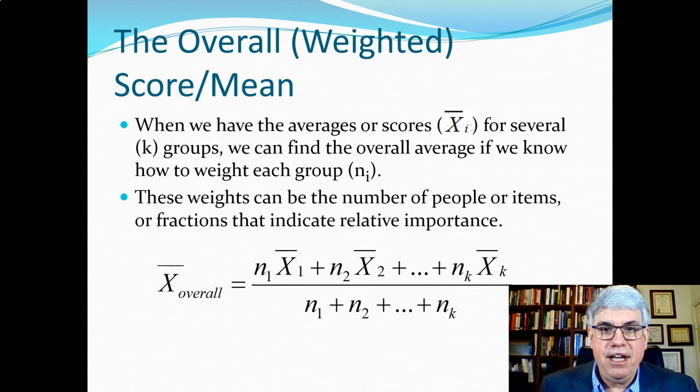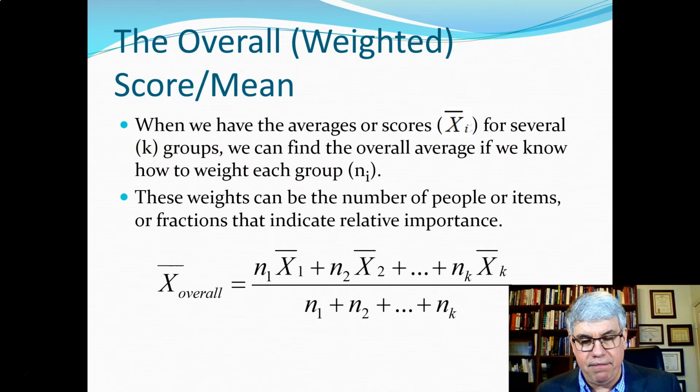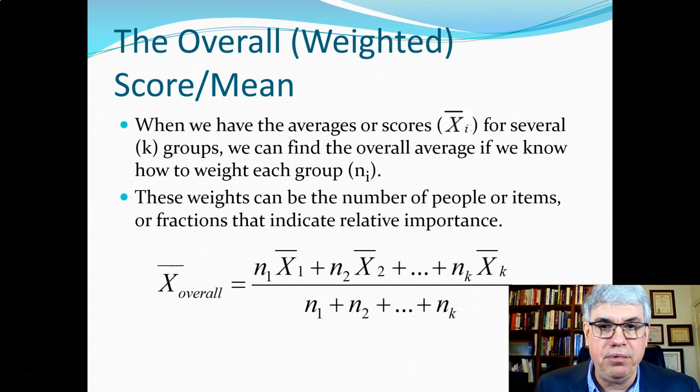So let's say that we have a bunch of averages or scores or weights of cookies for several groups, K. So K is the number of groups of cookies. In our example, we have Ugly's cookies, Oliver's cookies, and Beep Beep's cookies, and we have K groups, K sets of cookies.